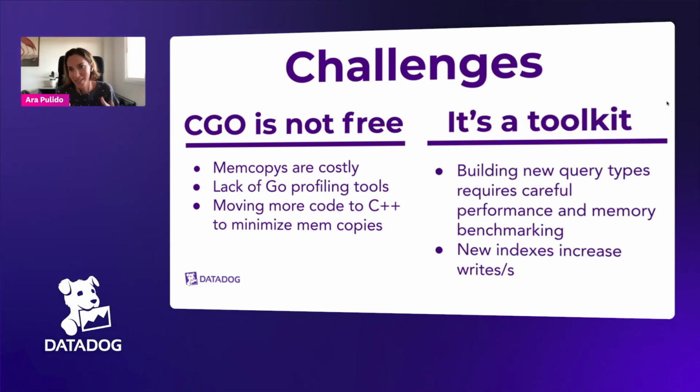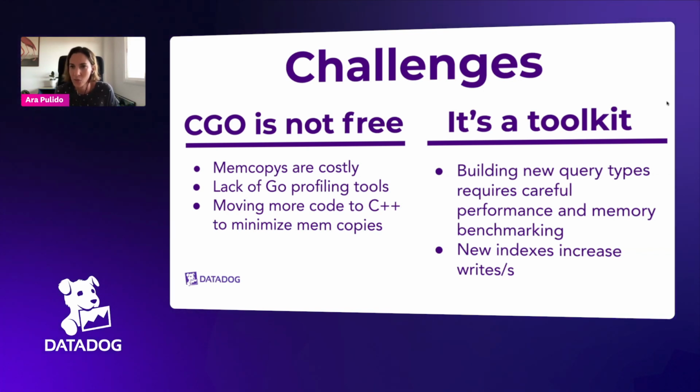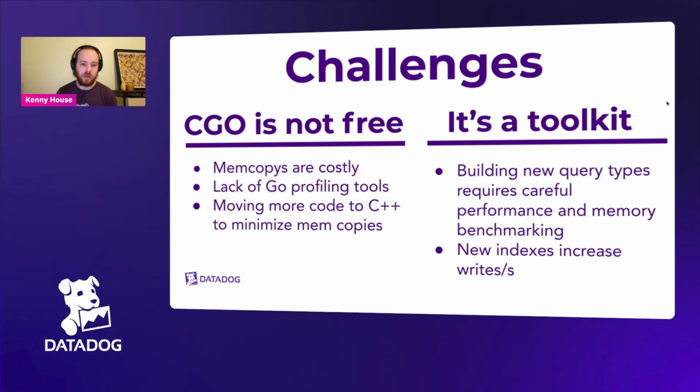Also, another challenge is that I think we've talked a lot about the difficulties of building SketchDB and TagDex, because RocksDB is a toolkit and you have to build all those things on top. Sure, yeah. Tagging onto the discussion of Go and C++ interaction as well, RocksDB has a lot of places to plug in.